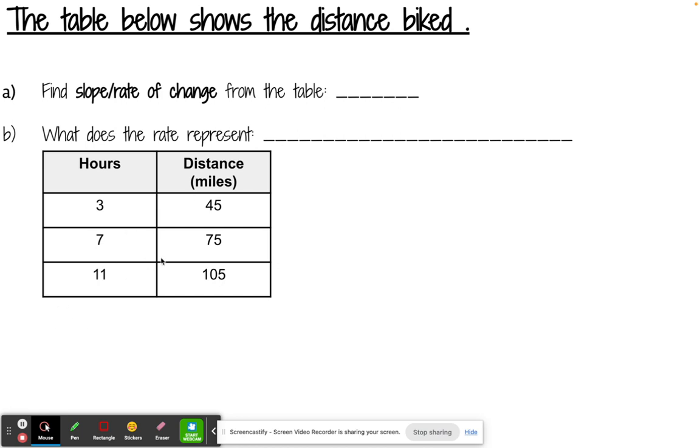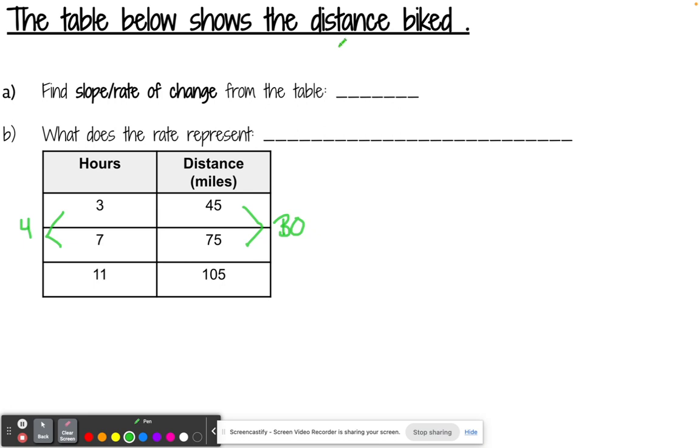Okay, now this one, you'll see I don't have a graph, and I also just have a table. So let's look at this. My distance is going up 30 miles. I don't know why I thought 15. But my hours is 4 hours.